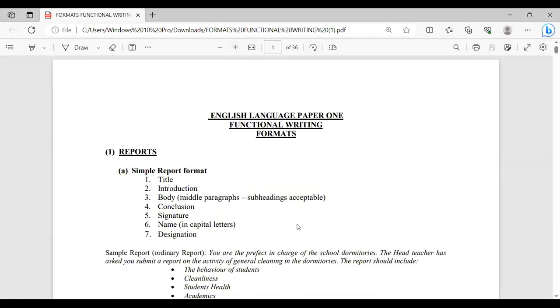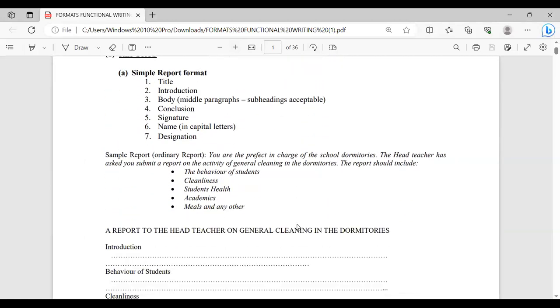So these are reports. Let me look at reports. We have different types of reports. We have the comprehensive report.